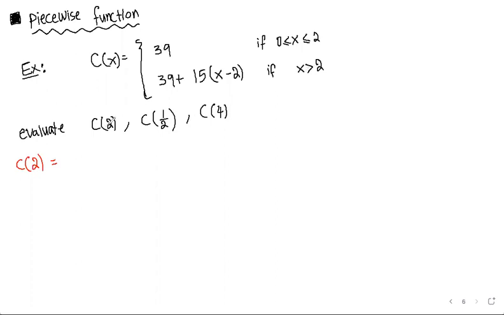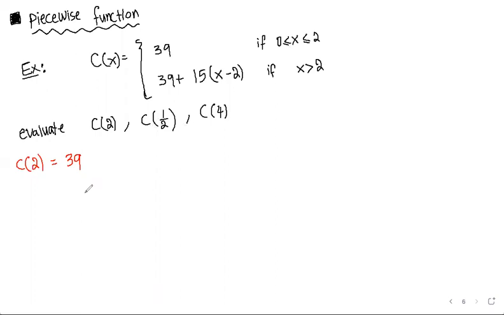The 2 is sitting inside the first function, because the domain is 0 less than or equal to x less than or equal to 2. The equal sign for 2 means that 2 is inside the first function. So c of 2 is 39. It is not in the second function, because the 2 is inside the first domain.